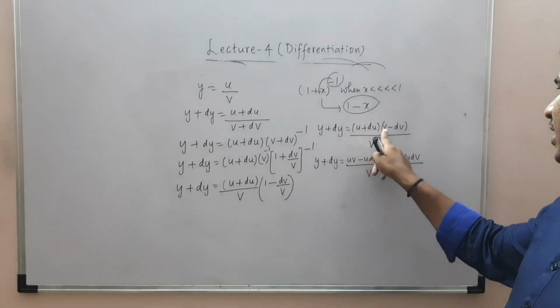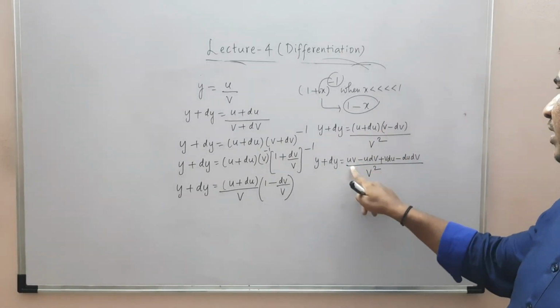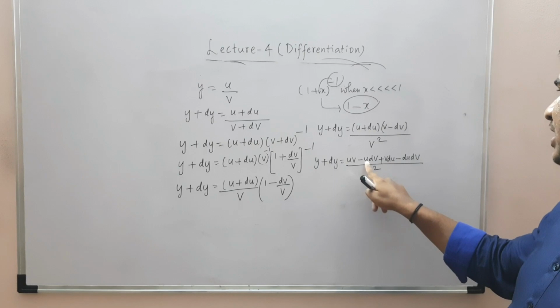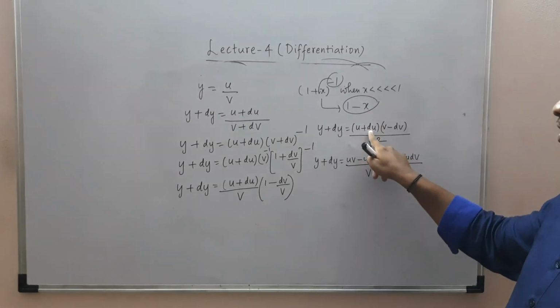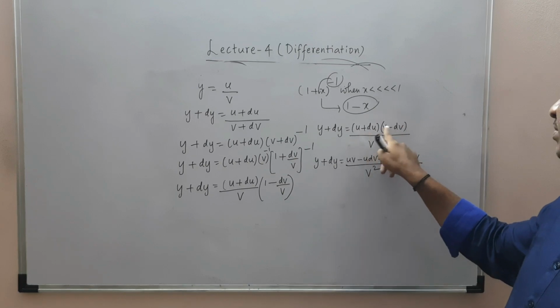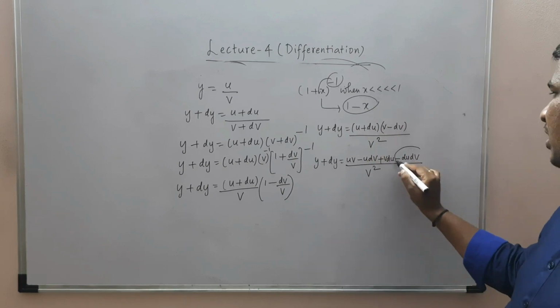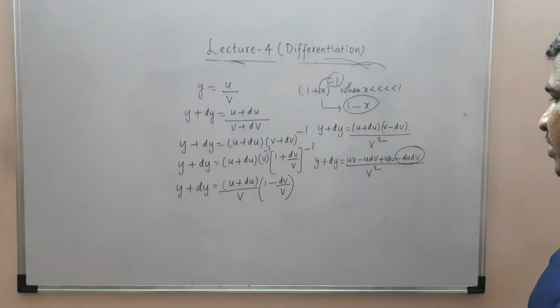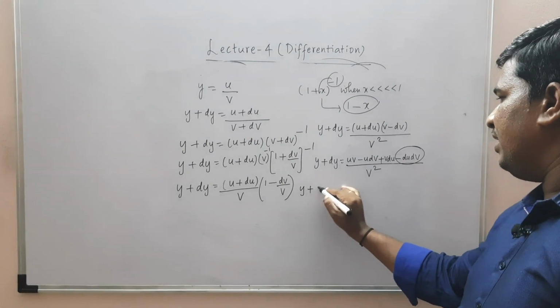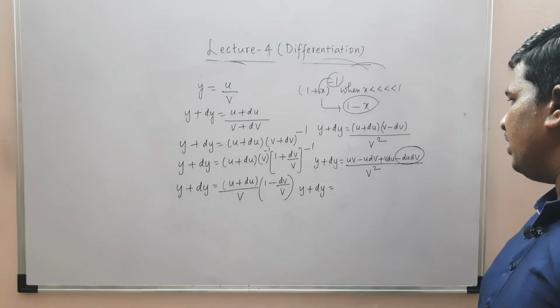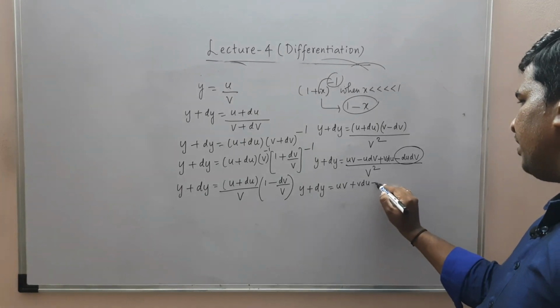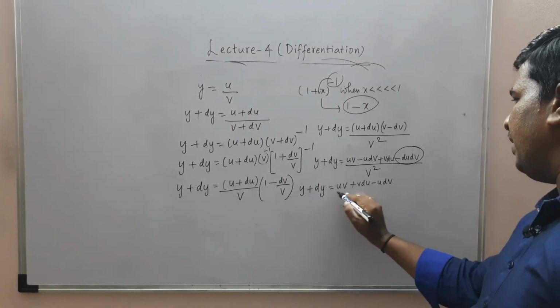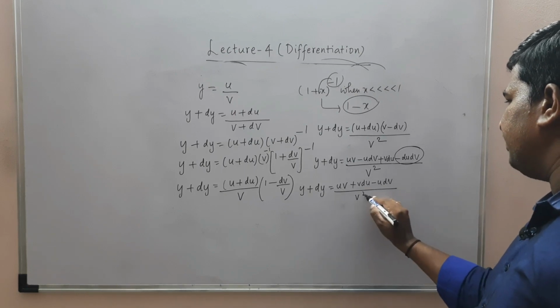So u into v, uv; u into minus dv, minus u dv; du into v, v du; and du into dv with plus minus minus. This is a small quantity, so we can neglect it. So I write y plus dy is equal to uv plus v du minus u dv by v square.